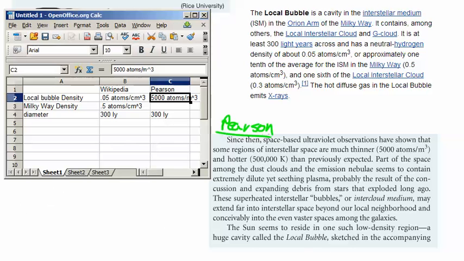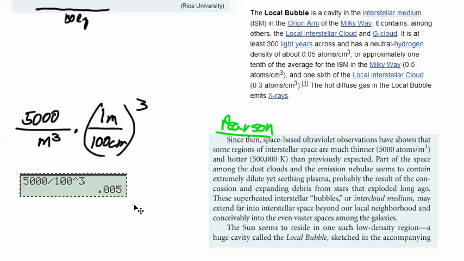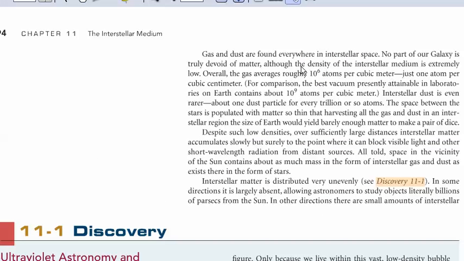So it would be 5,000 per meter cubed times 1 meter over 100 centimeters cubed, which would be 0.005 atoms per cubic centimeter. Meanwhile, it also says the density of the interstellar medium is roughly 10 to the 6th atoms per cubic meter, just 1 atom per cubic centimeter.